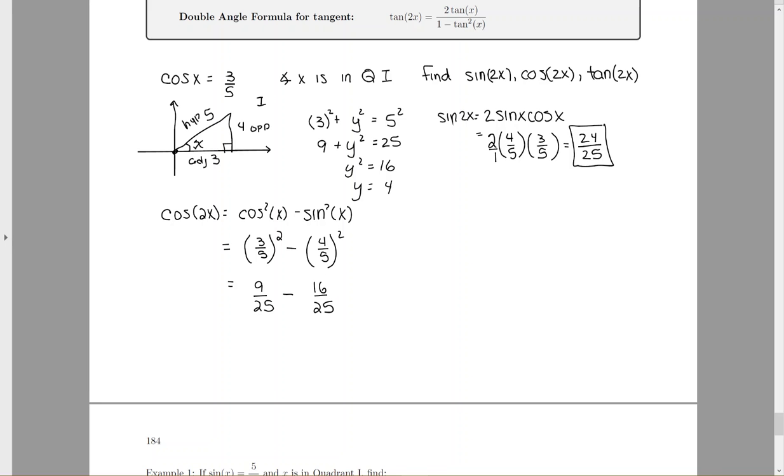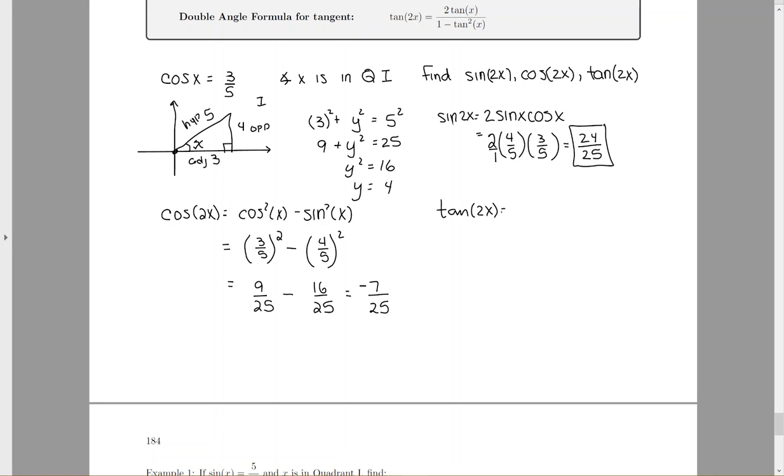And again, if you're not great with your fractions, use your calculator to help you out. This is going to come up -7/25. Okay, and again, you can always use your calculator if you need to. And then tangent 2x.